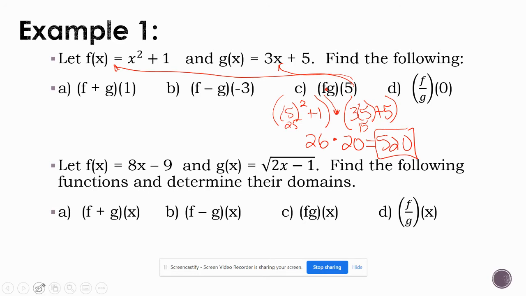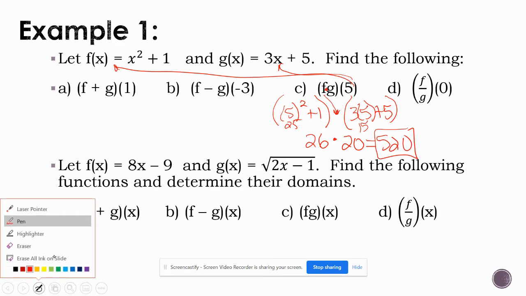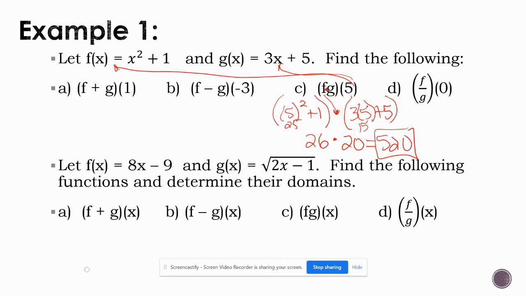And then the last one is asking us to find the quotient, or divide. So plugging 0 in for x on the f function, we have 0 squared plus 1. And then plugging 0 in for x on the g function, we have 3 times 0 plus 5.